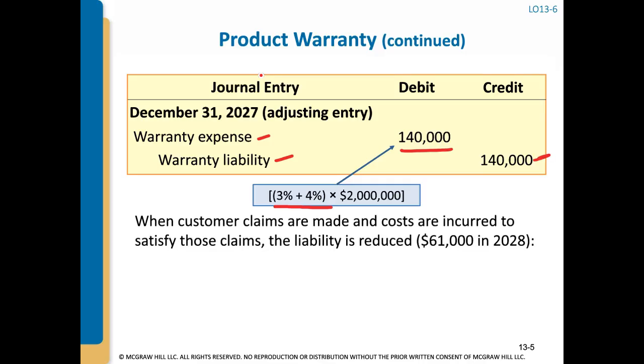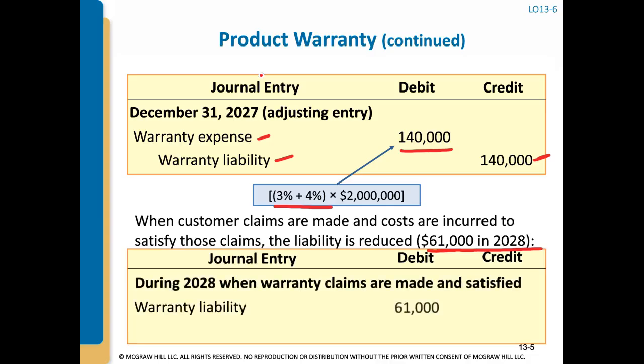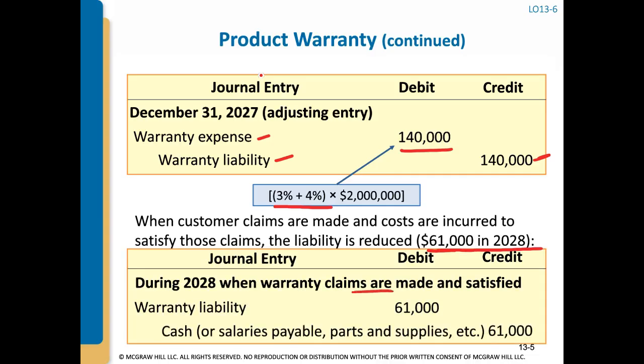The problem goes on to say when customer claims are made and costs are incurred to satisfy those claims, the liability is reduced. They made claims of $61,000 in 2028. So when those claims are made, that's when we have to reduce our liability. In 2028, when the warranty claims are made and satisfied, we're going to debit warranty liability for $61,000.